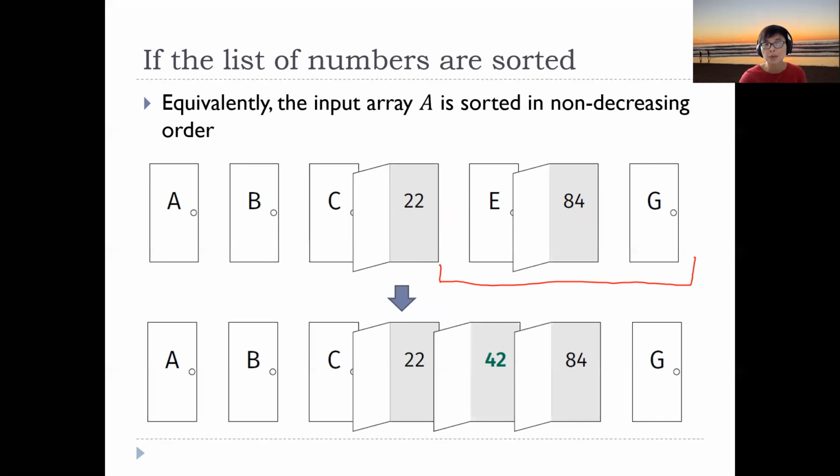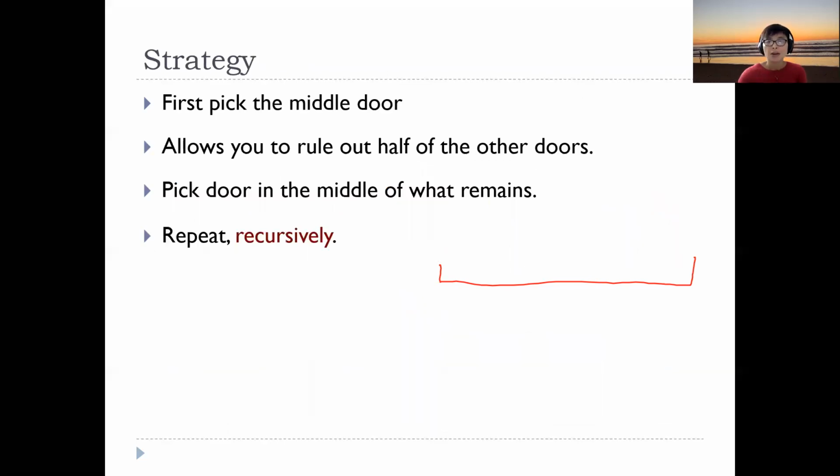So this is the algorithm that we had. The idea is rather simple. Every time, you pick the middle door of the remaining elements, and depending on whether the key is bigger than the value behind that door or not, you decide whether to go left or right. That's a summary of the strategy we have.